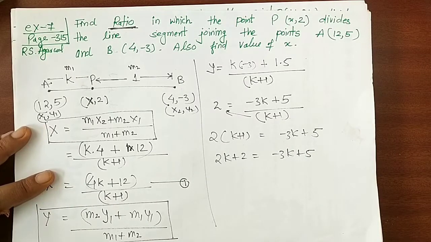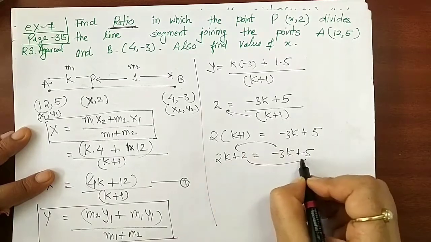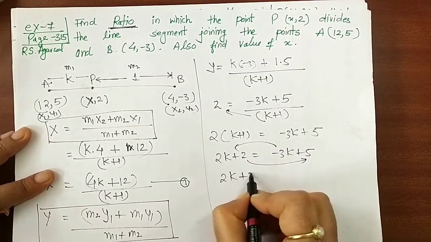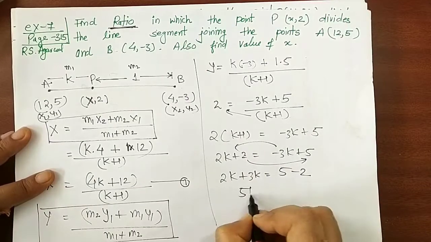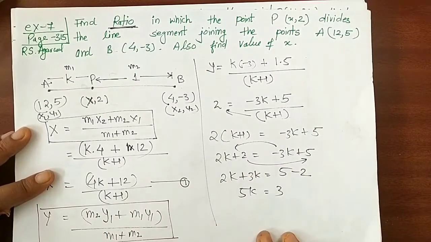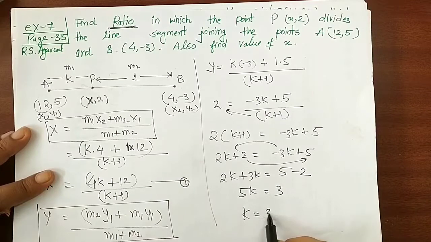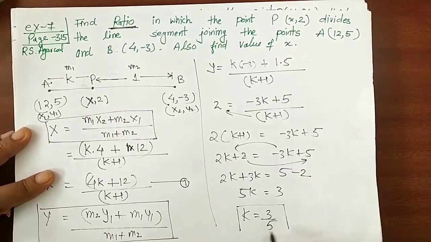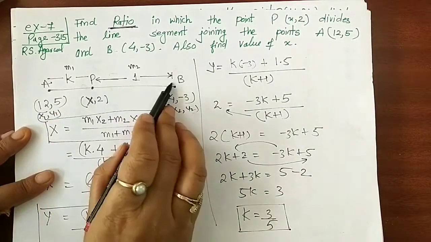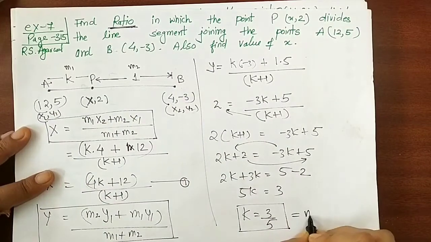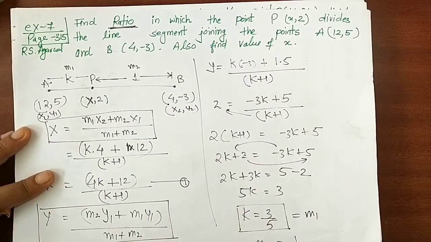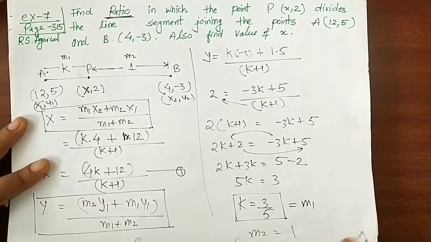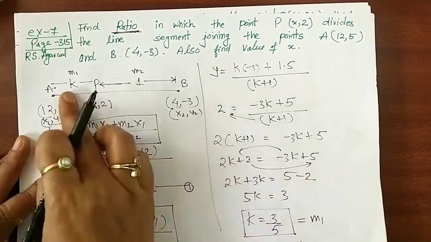So it is 2k plus 3k is 5 minus 2, which is 5k is 3. So can I say k is 3 by 5? Understood? And the other ratio, m2, I had assumed is 1. So I am actually able to find k by 1 as my ratio.